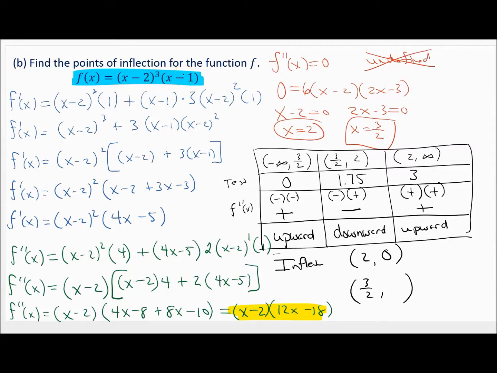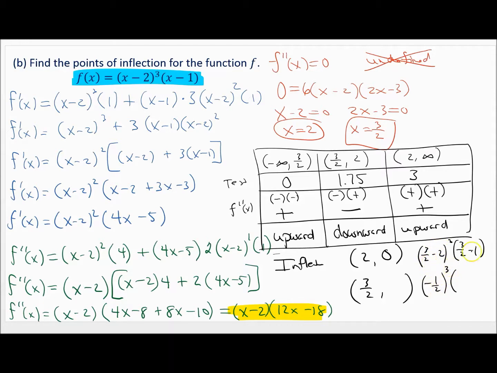Okay, now 3/2 is a little bit more work. I'm going to write it down. So we have (3/2 minus 2) to the third times (3/2 minus 1). So 3/2 minus 2 is negative 1/2, to the third. How do I know that? Common denominator, right? 3/2 minus 4/2 is negative 1/2.